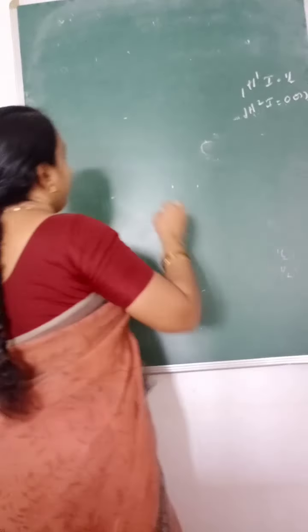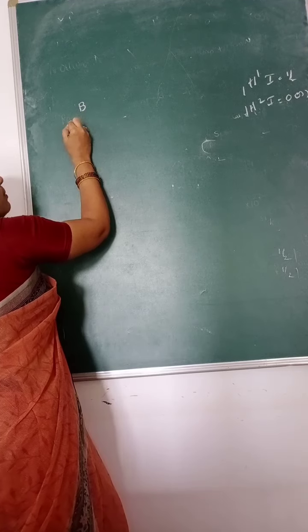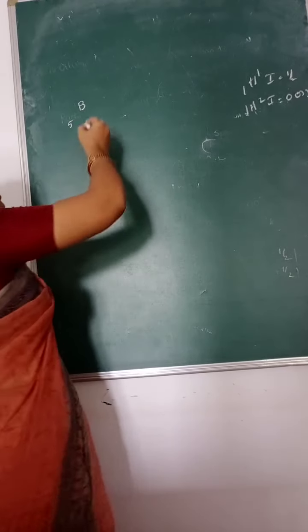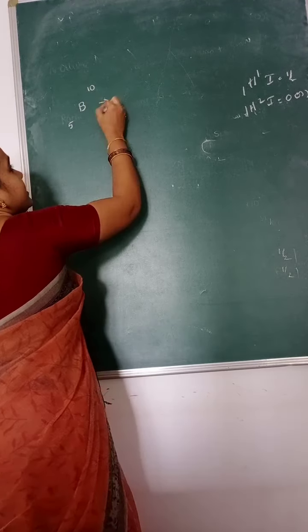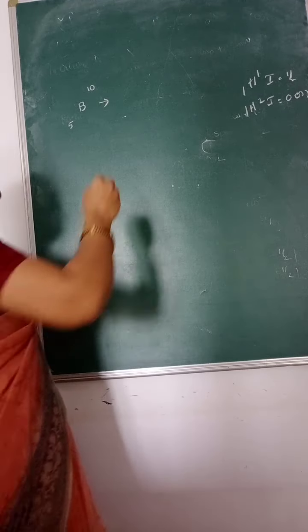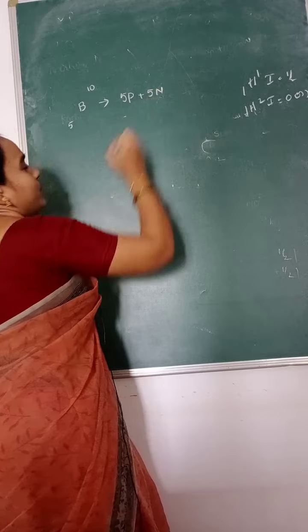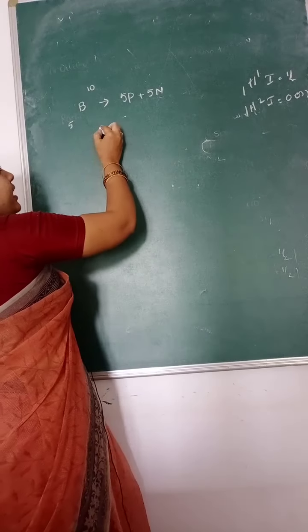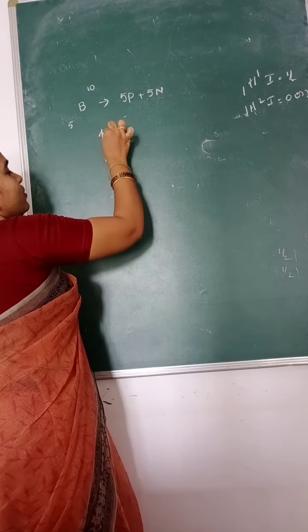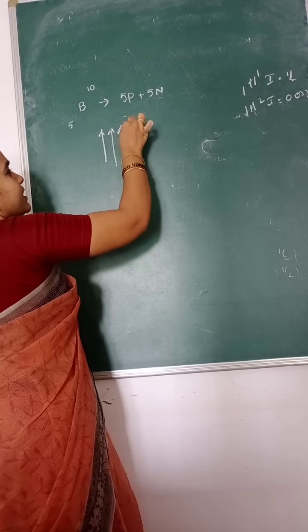Next, consider boron. Boron's atomic number is 5 and its mass number is 10. So inside the nucleus we have 5 protons and 5 neutrons. Maybe all these protons will orient in the clockwise direction.